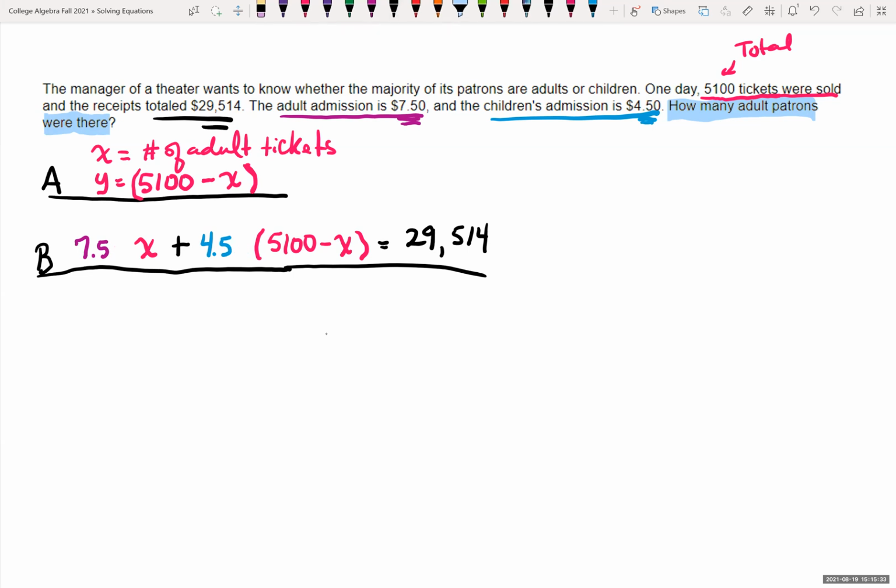Talking about money, it makes more sense to have the 0 there, but when I'm just trying to solve for X, I don't technically need it. If I wanted to clear the decimals, I just need to multiply both sides by 10 versus 100, which will make my numbers a little smaller. So I'm going to multiply both sides of my equation by 10.